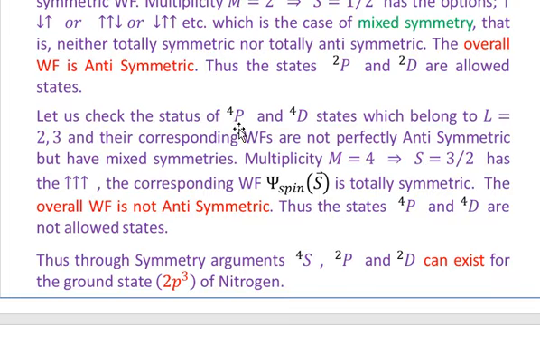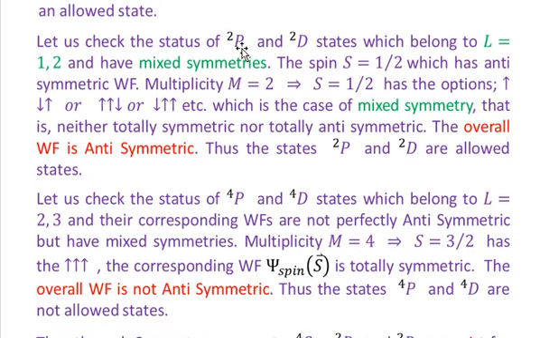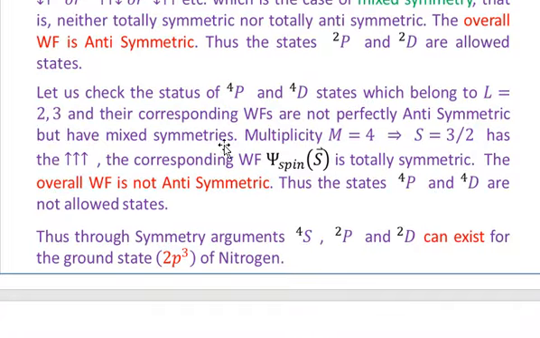Now let's check the 4P and 4D states. Before that, I checked the 2P and 2D states, that is, the 2P doublet and the 2D doublet states, and found these are allowed states. Now let's check the 4P and 4D states.